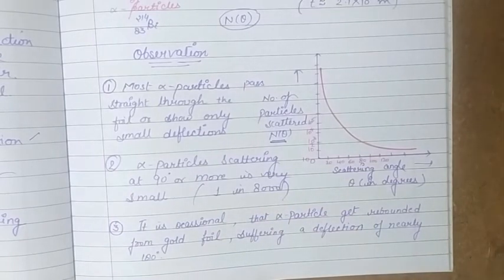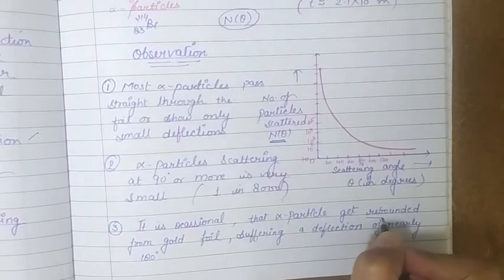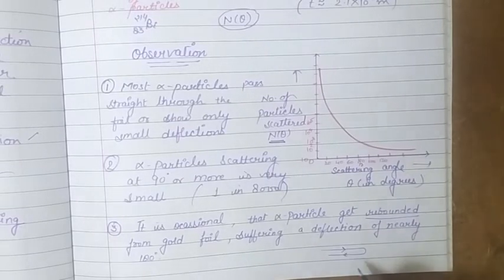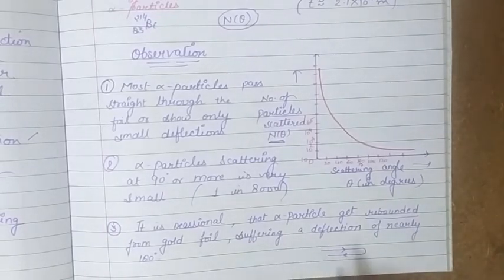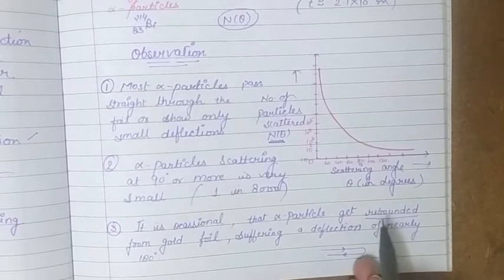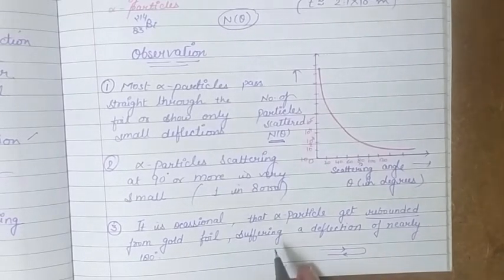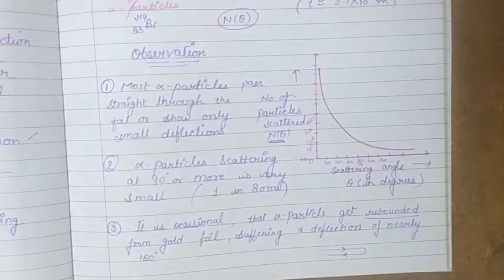And those who suffer a deflection of 180 degrees, the alpha particles that come back along the same path, that get rebounded, meaning they hit and come back, this situation is called rebounded. So such alpha particles are rare. It is an occasional case where an alpha particle gets rebounded from the gold foil, suffering a deflection of about 180 degrees.